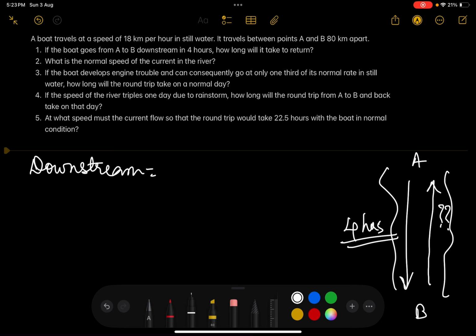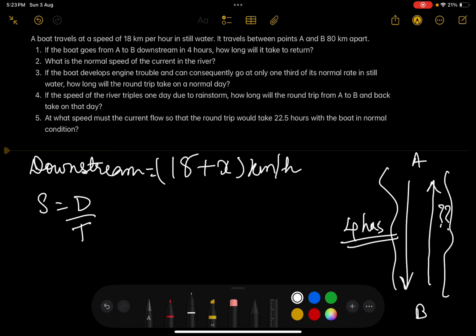We know that the speed in still water is 18, but we don't know the speed of the stream, so let's consider it as x. This is the speed in kilometer per hour. Downstream speed is equal to distance by time, which we already know.